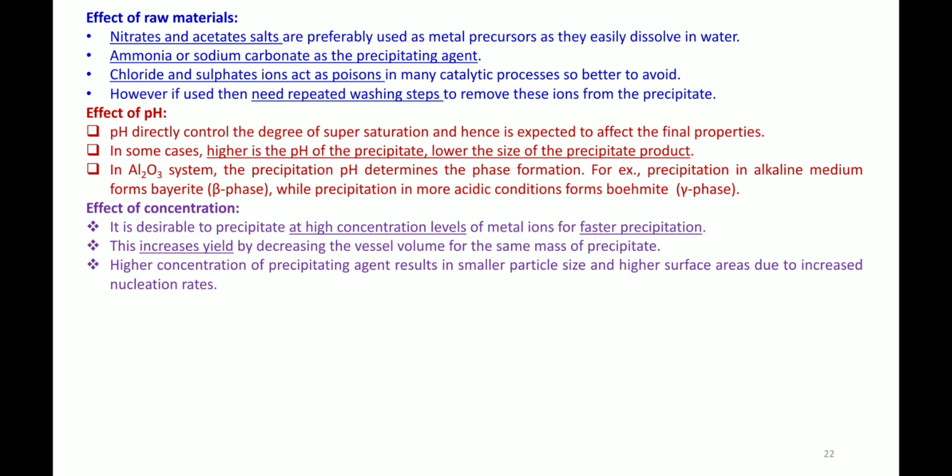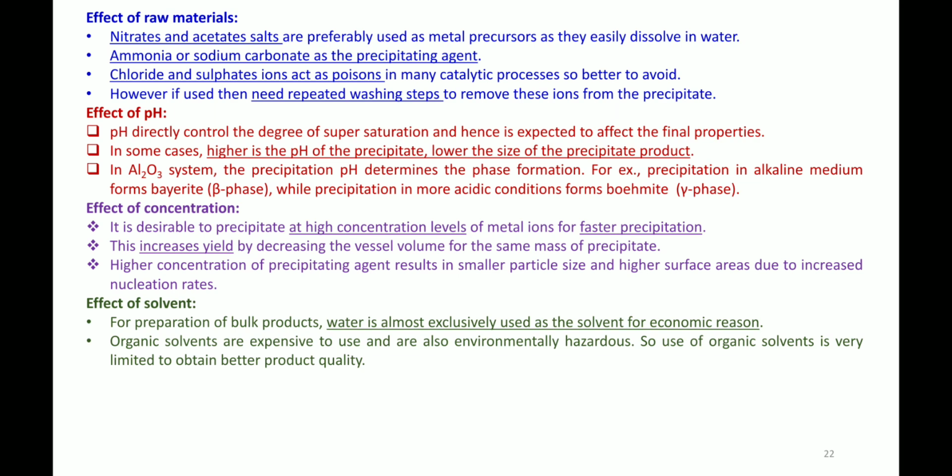Okay, so there is one more relation: if you want the particle size lower, then you need to use a higher concentration of the precipitating agent. If the precipitating agent is stronger, then it is able to make the material with low particle size.